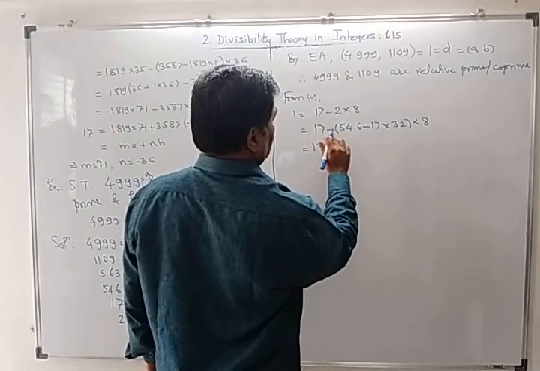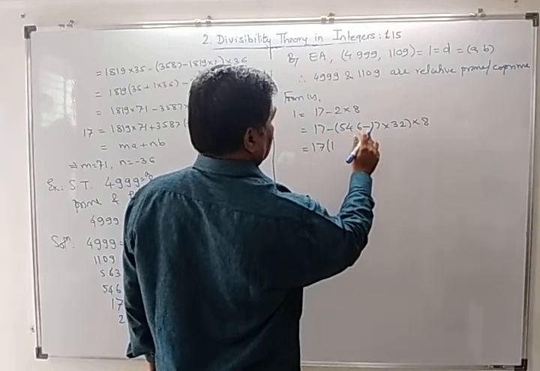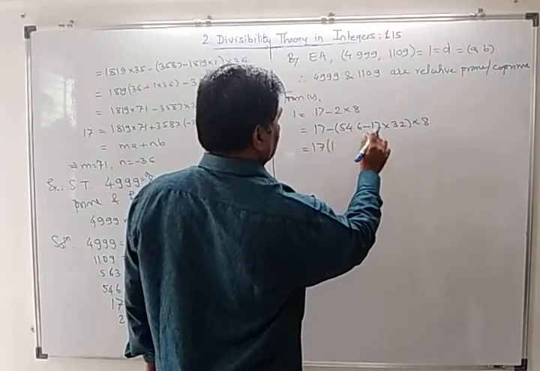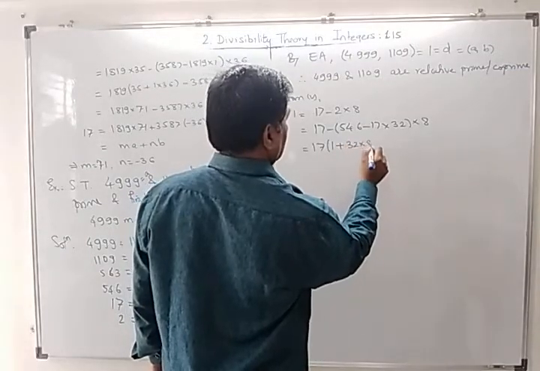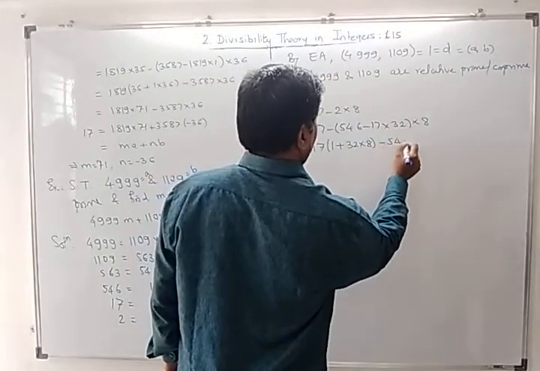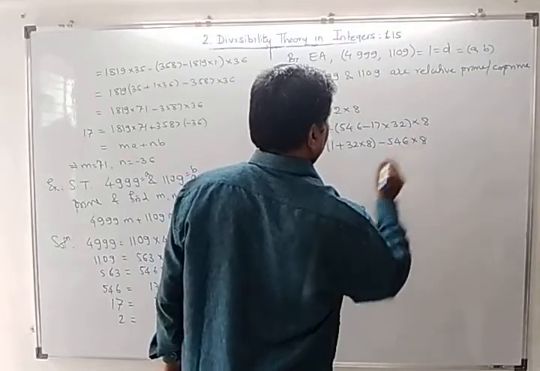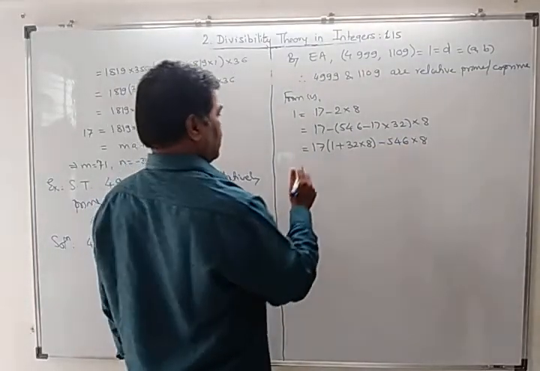okay, 1, and this will become minus minus plus 32 into 8, minus 546 into 8. Is it clear?